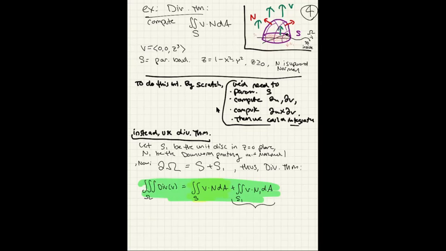It's 0 because V along the z equals 0 plane is 0, 0, 0 cubed, and that's just 0. So along the bottom, the vector field is 0. So this piece equals 0.